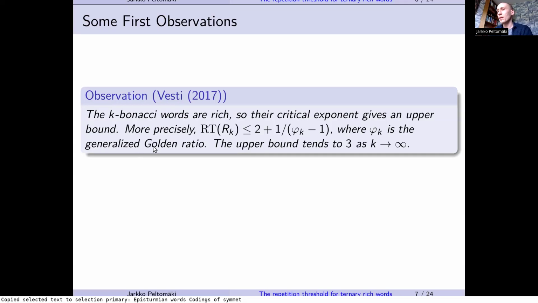The critical exponent of the k-bonacci word is this number, where phi_k stands for the generalized golden ratio. So that at least gives an upper bound for this quantity that we're interested in. You should note that this upper bound tends to 3 as your number of letters goes to infinity.